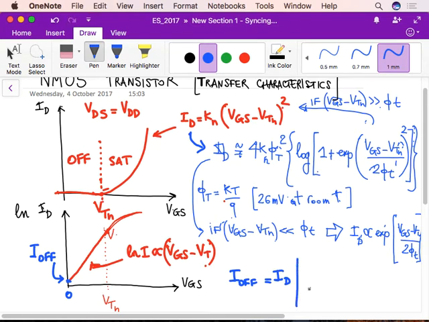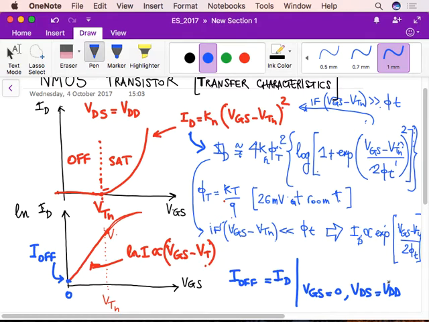when VGS is equal to 0 and VDS is equal to VDD. If you remember, it is the current in the Nmos when the Nmos should be open, should be an open circuit.